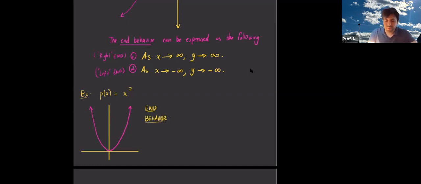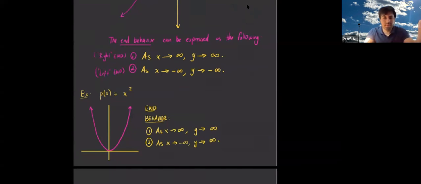So remember, we need the first statement and the second statement. As x approaches infinity, as x approaches negative infinity, what does y approach? Just by looking at the graph. Right. It approaches infinity, and it approaches infinity on both ends. We know this to be true.